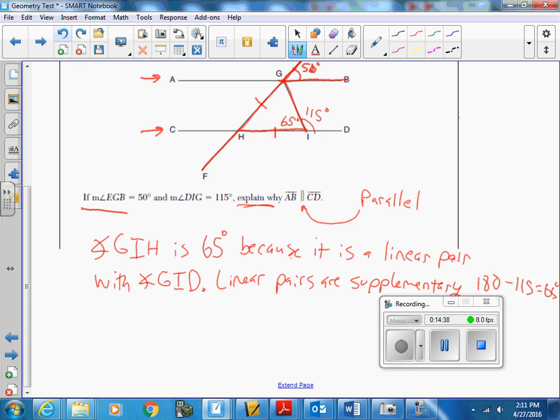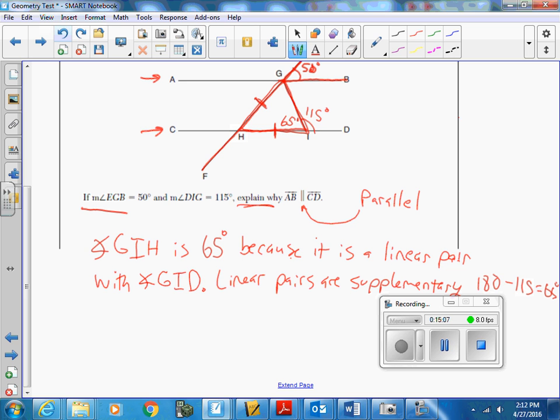Now, if you look, we also can see that we have a triangle here. So triangle HGI, which appears to be what type of triangle? Well, hopefully, if you label it correctly, you have these lines, which means two of the sides are congruent. We don't know about the third side, but if two sides are congruent, we know that it is an isosceles triangle.